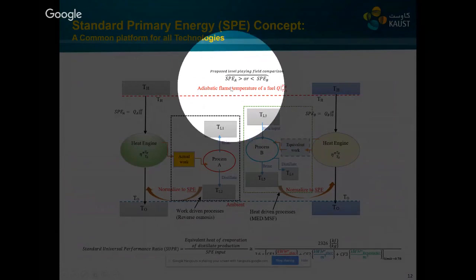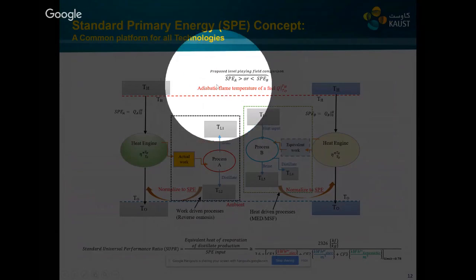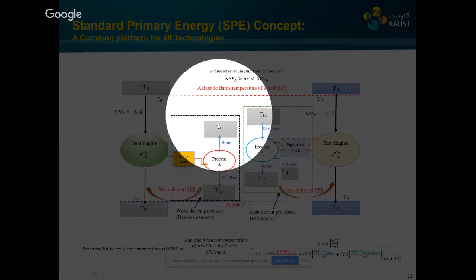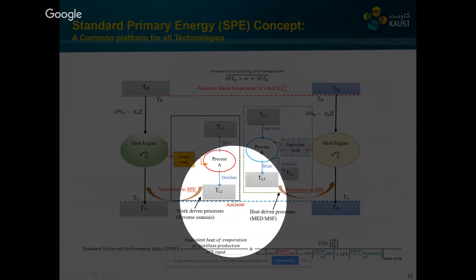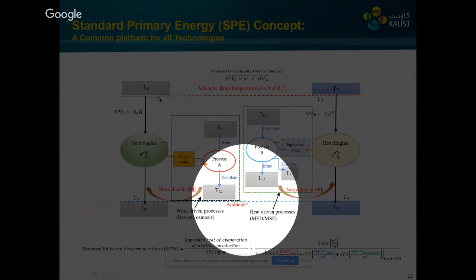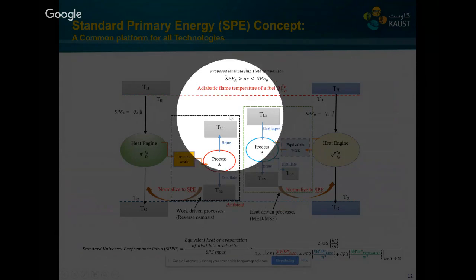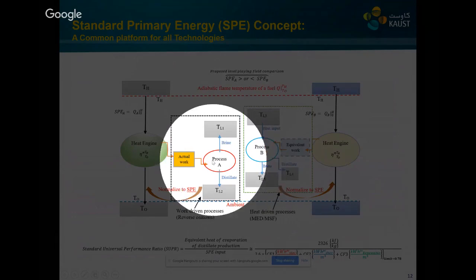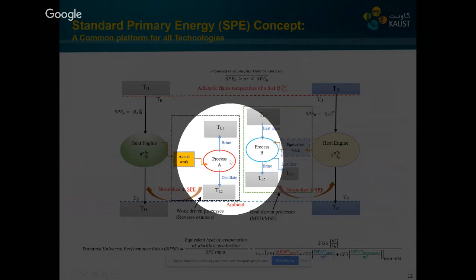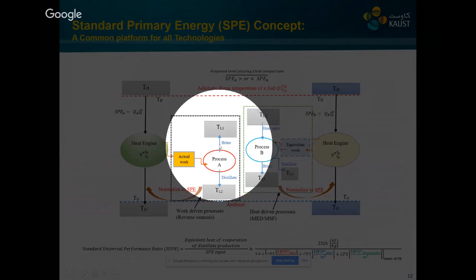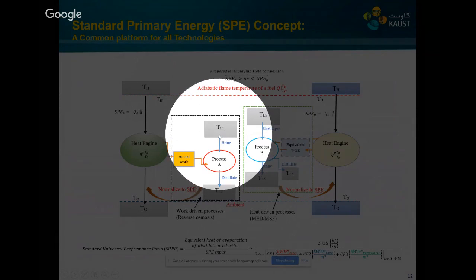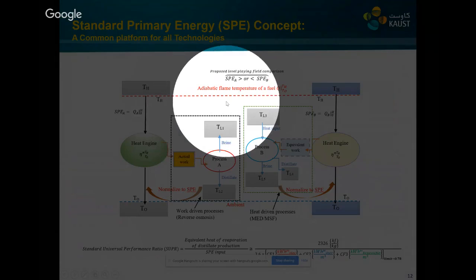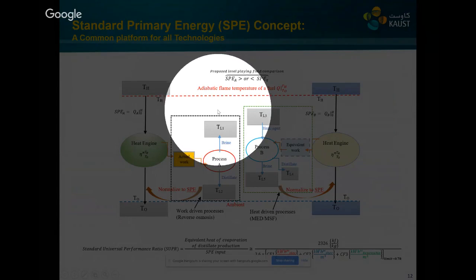So all the processes must be compared from adiabatic flame temperature to the lowest temperature, that is the ambient condition, where all the heat is rejected to the ambient to complete the thermodynamic cycle. The process can operate in between these two limits, but they must be brought to the adiabatic flame temperature limit to compare at the common platform.